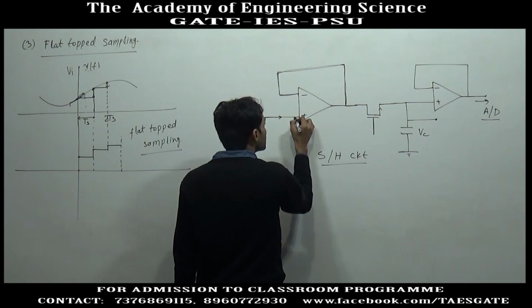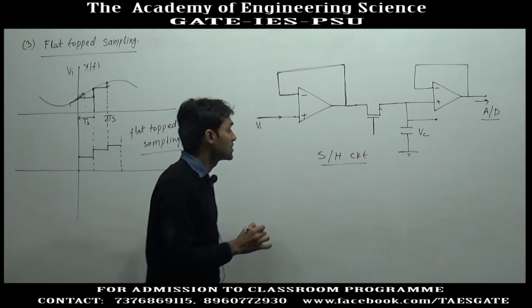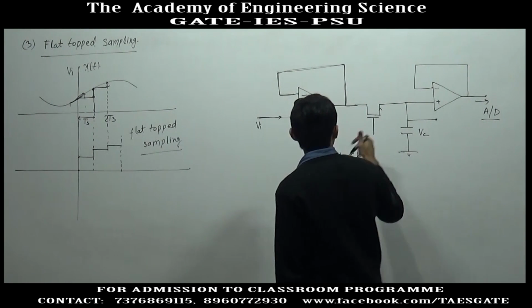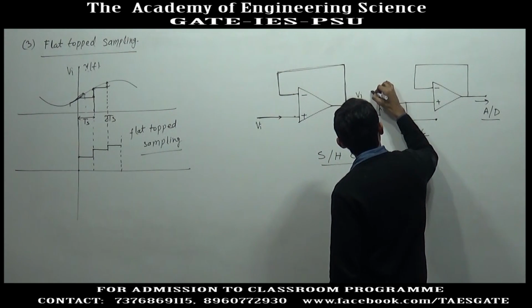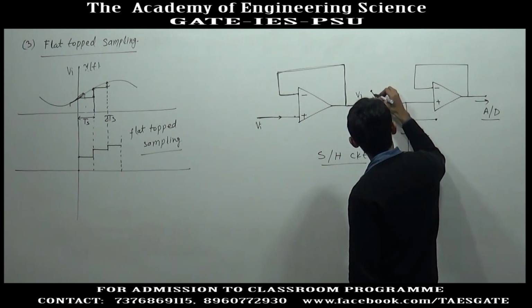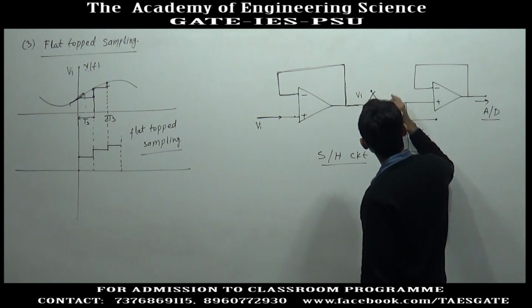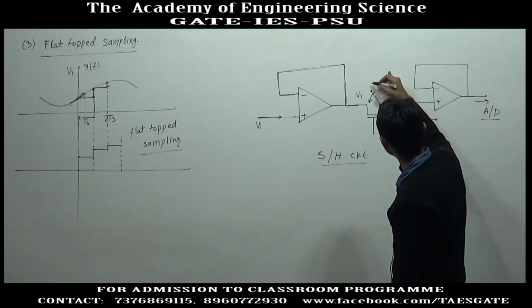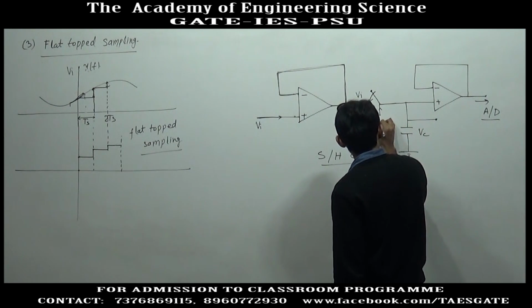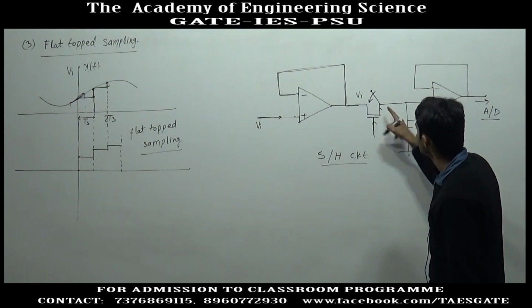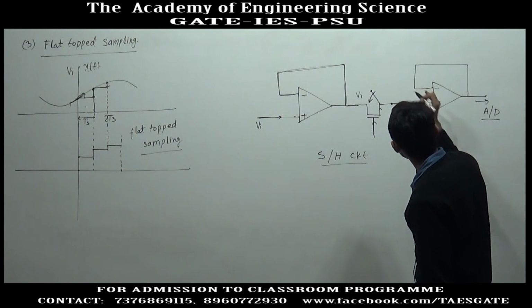So, the potential of this point and this point will always be the same. Suppose this is the input voltage, here we will get the input voltage, and I am drawing this type of switch, which opens and closes at high frequency. So, whenever this switch is closed, or whenever the signal is applied here, it starts conducting and V input comes here.